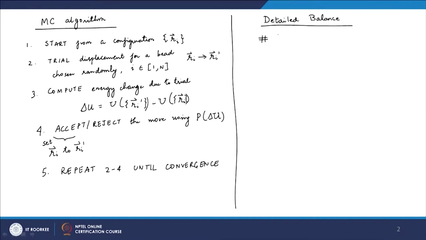So, the basic condition is the number of forward transitions equal to the number of backward transitions.